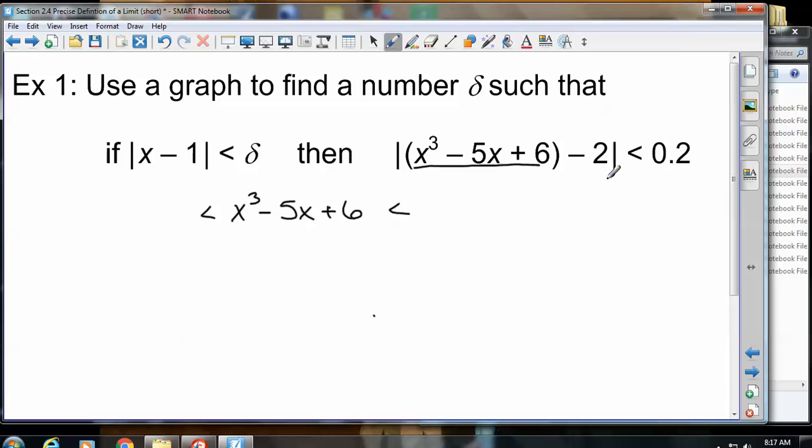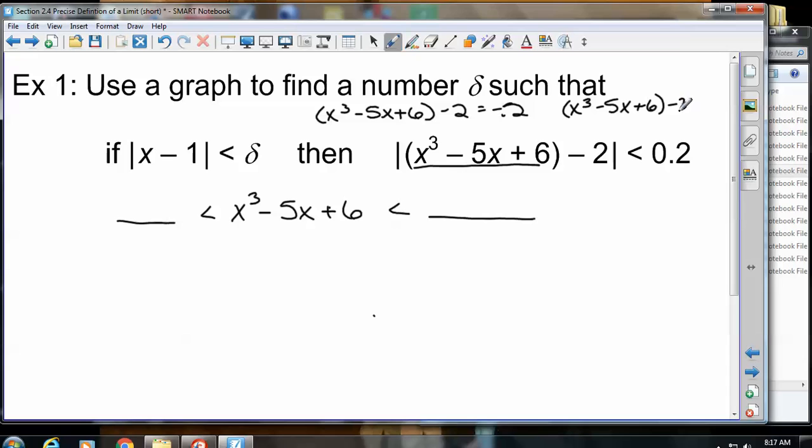So if I want to find the actual numbers this function falls between, what that tells me is that when I subtract these things, I could have gotten negative 0.2, or I could have gotten positive 0.2.